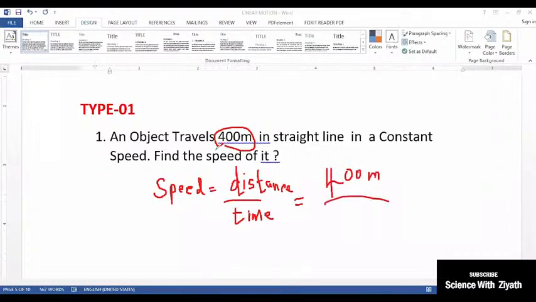The time is how much? They didn't give it. The time is not given. So I'm going to give the time now: in a 400 meter straight line, at a constant speed, for 20 seconds.